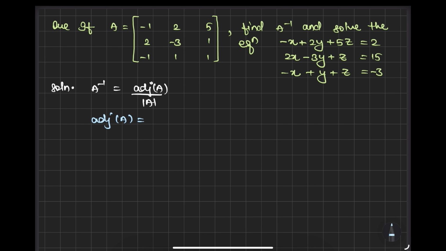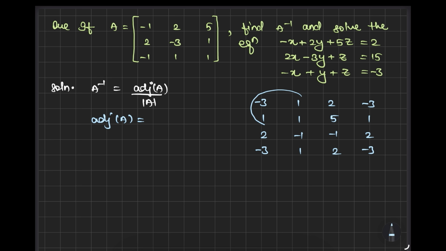Now we have to start from -3. So -3, 1, 2, -3, then 1, 1, 5, 1, then 2, -1, -1, 2, and then again the same. The point where you have started, you have to end there only. -3, 1, 2, -3, done.